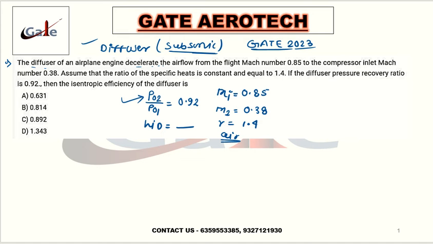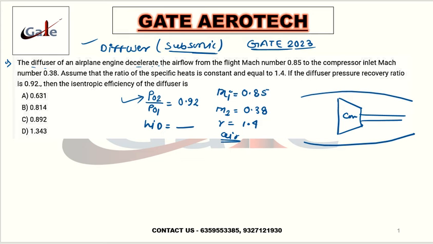Let me first mark the station numbers so it will not create confusion for you. As of now, just understand this is your compressor, which is attached with the shaft, and this portion, let's mark the station numbers first. This I am writing as 1, and this is 2.